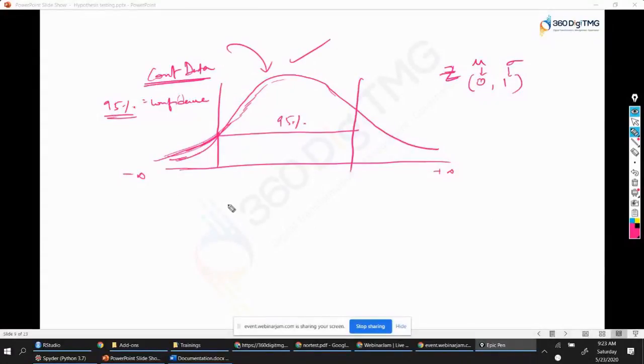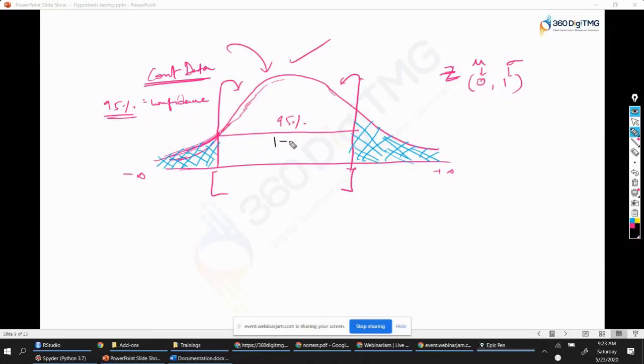If my value falls between these, then I accept, and the area outside the 95% is not accepted.